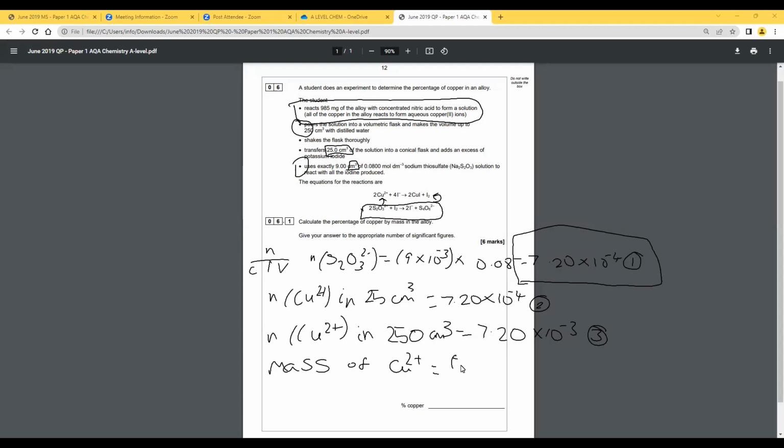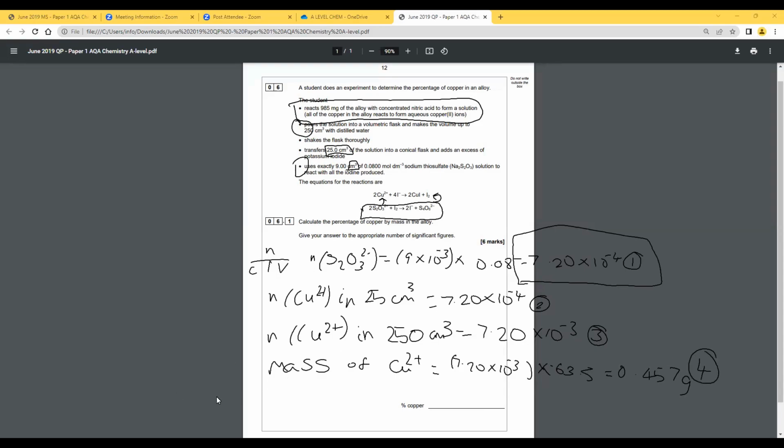So we would do 7.20 times 10 to the minus 3 times the formula mass, which is 65, and we should get 0.457 grams. So that is our 4th mark.